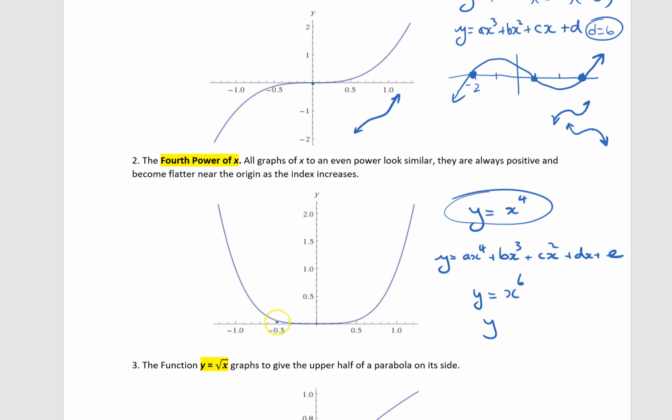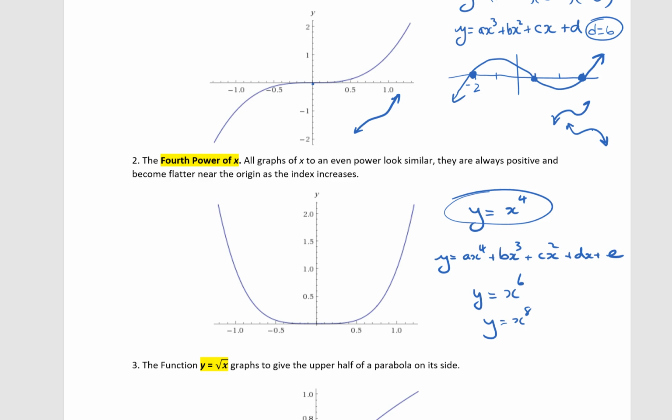And its bottom is even flatter again. So just an interesting fact that x squared, x to the fourth, x to the sixth, x to the eighth, solely by themselves graph to give an increasingly flattened bottom U shape.